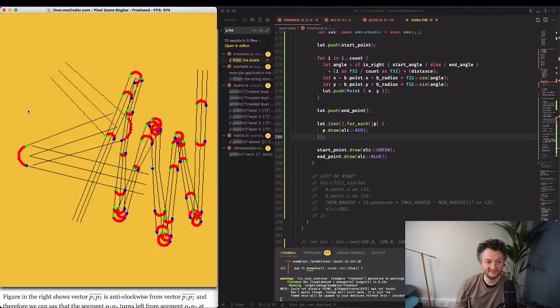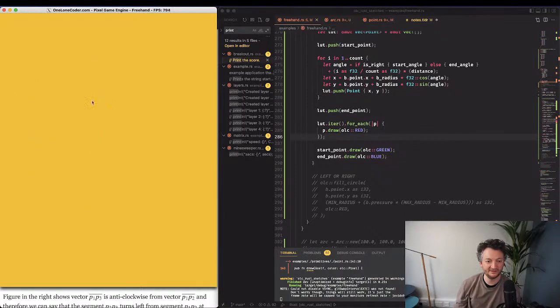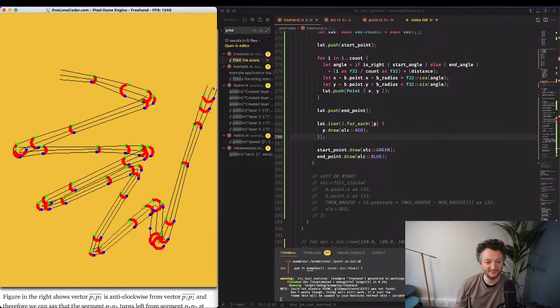Good. Still making edges where we don't necessarily need them. That's interesting, but not so bad.